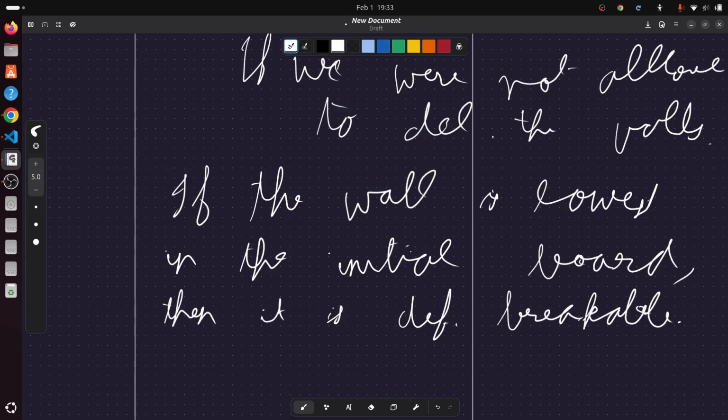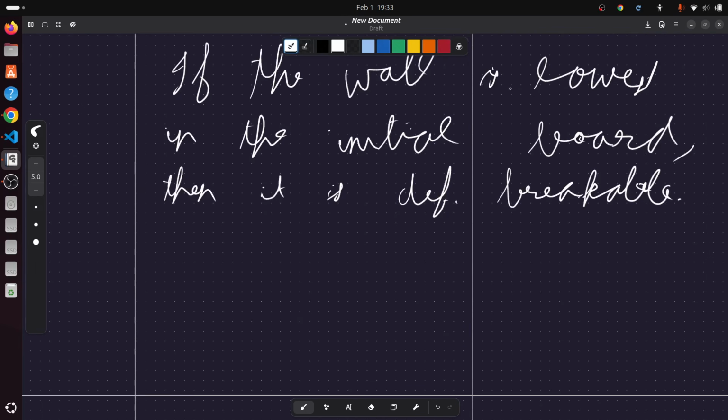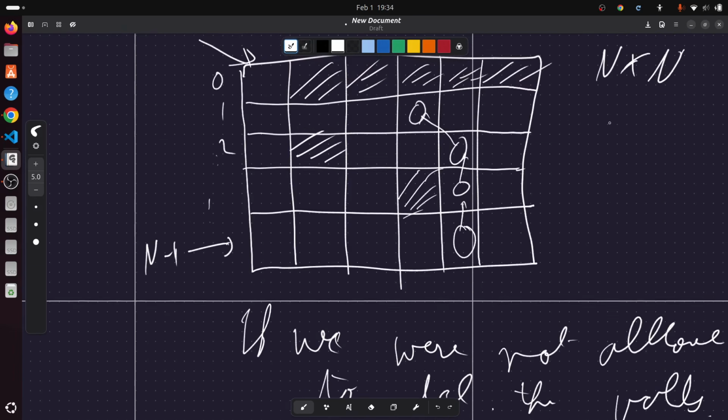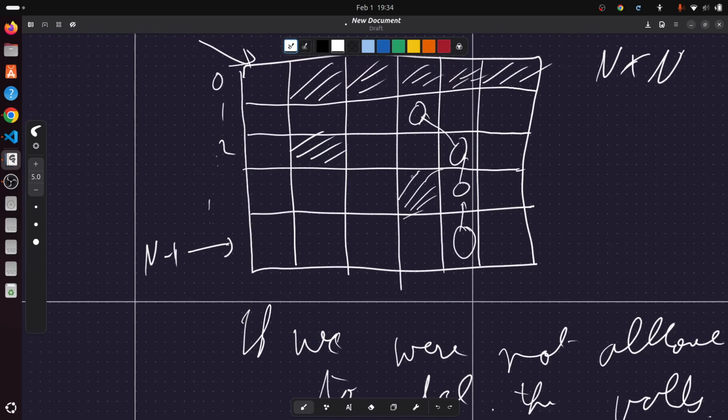Okay, that is for sure, right? If the wall is lowest in my initial board, that is before I even deleted anything, even then if it was the lowest, let's say like this wall or this wall or this wall, so they are the lowest in the column initially also, so they are definitely breakable. So we will add an edge from here to here always.